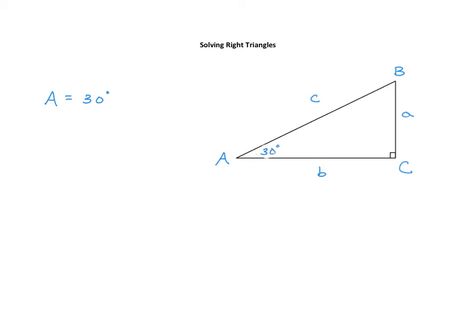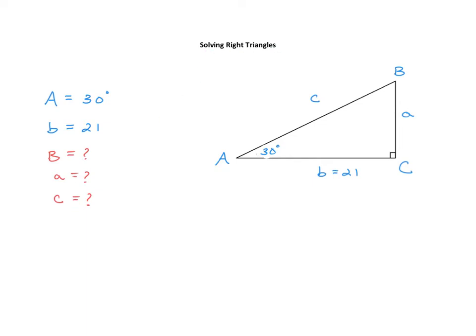And maybe you're also given the length of side b is equal to 21, some units, maybe centimeters. Using all this information, can you figure out what angle B is approximately equal to? Or side a? Or side c? If you can find the remaining information, that means you have solved the right triangle.